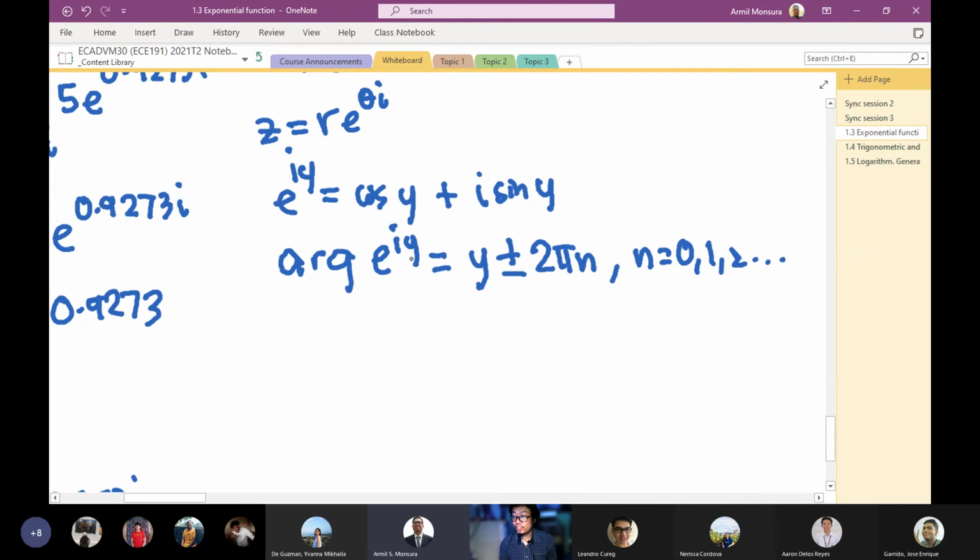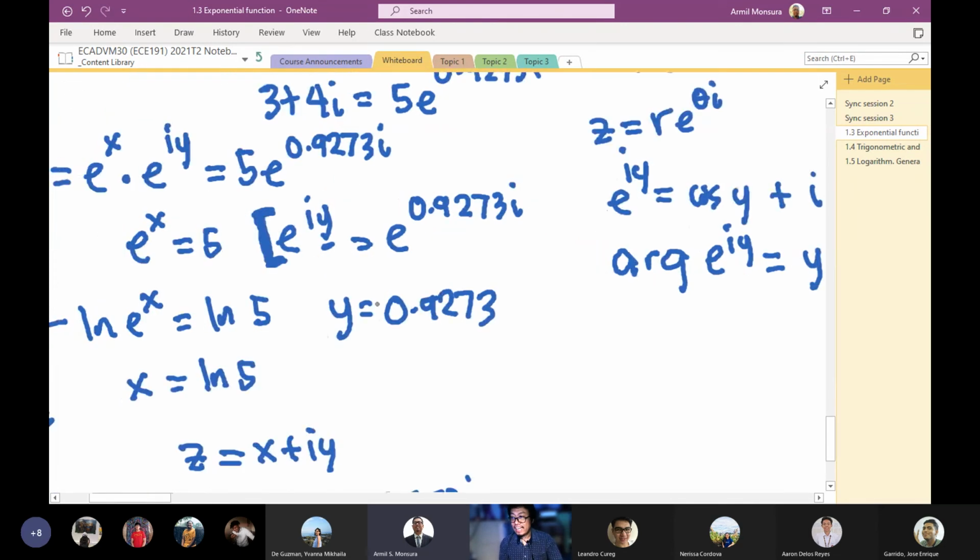Kung kukunin natin yung argument nito, that means this argument, or this y, is not unique. In fact, sabi ko nga kanina, ito lang yung principal value niya, because that value falls within the principal range. So how do we report this to include all of the possible answers?